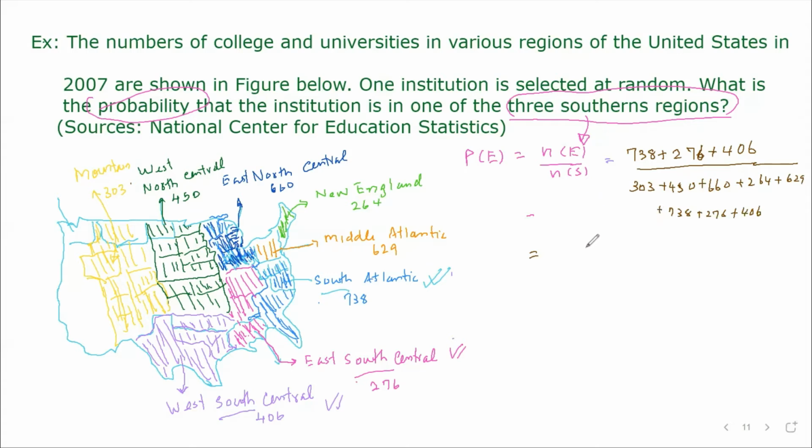The top, the NE, is going to be 1420, divided by the bottom one, where we sum all up: 303 plus 450 plus 660 plus 264 plus 629 plus 738 plus 276 plus 406.